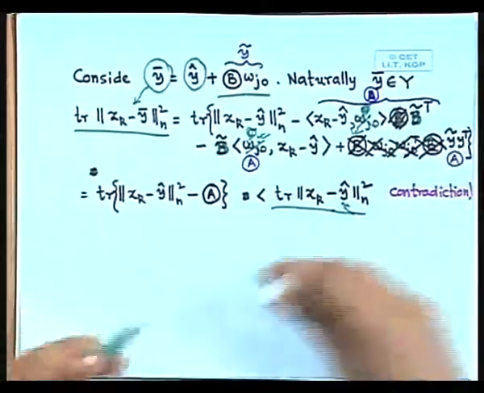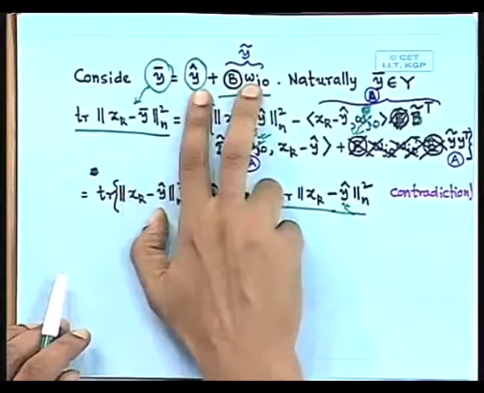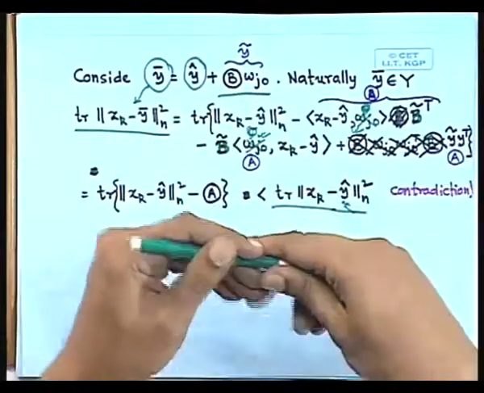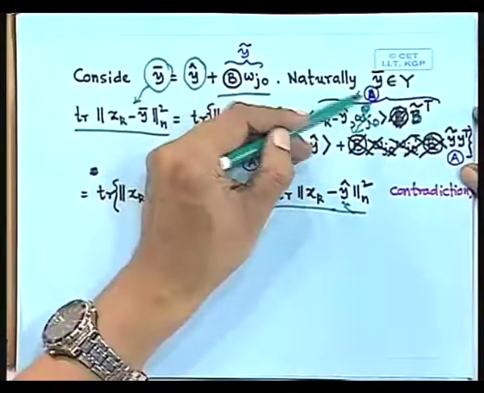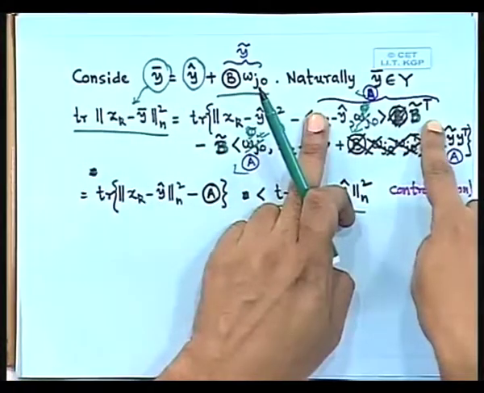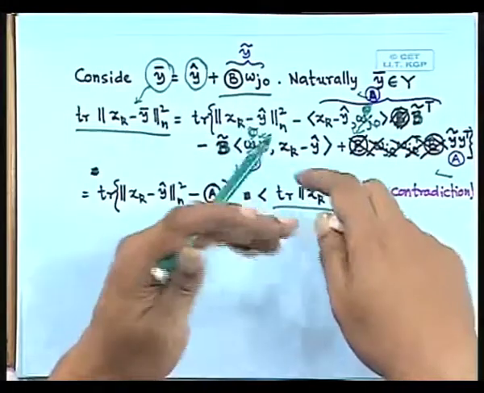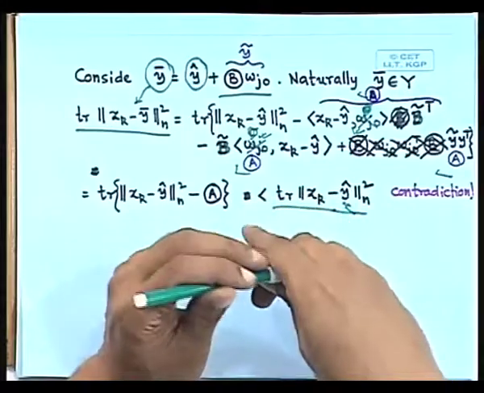This is just a clever way of constructing, and then they will... This is very simple. This y bar, they will put this, and then they will break it up, and then they will show that this is A, this is A, and this is A. So this is this minus A, and then A is positive. So therefore this must be less than that. Just simply decomposition.